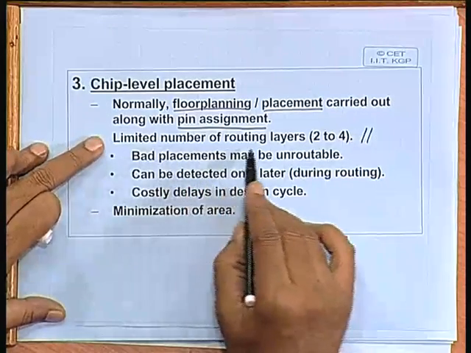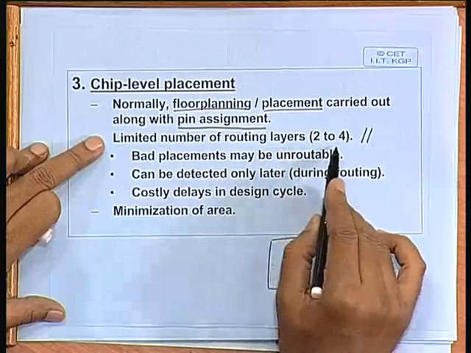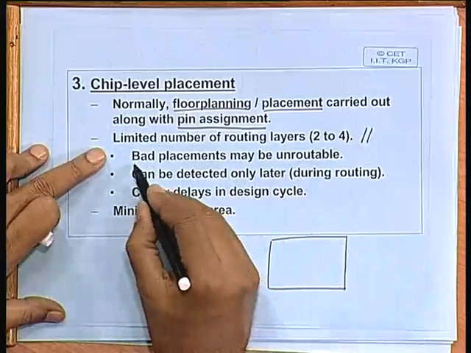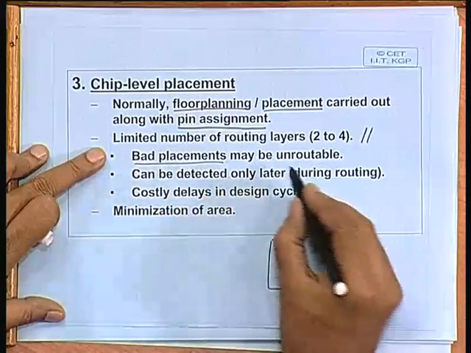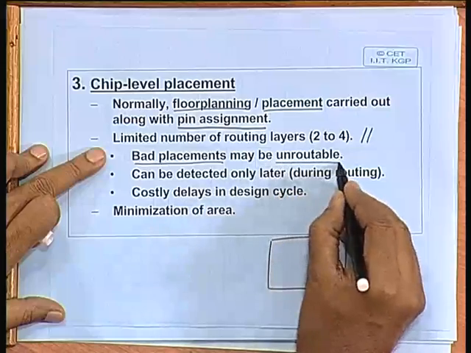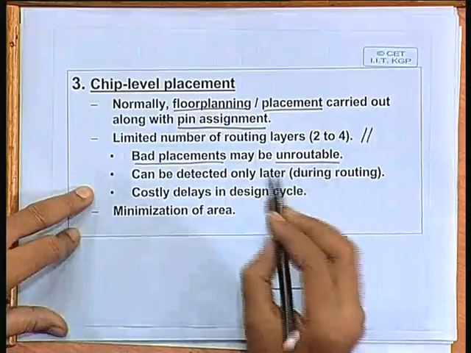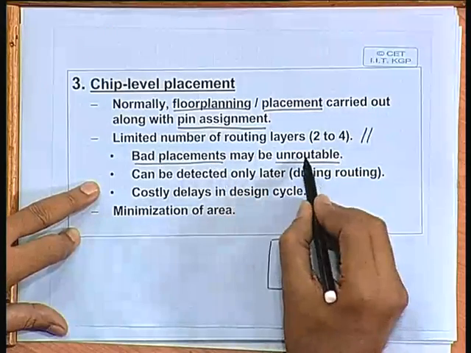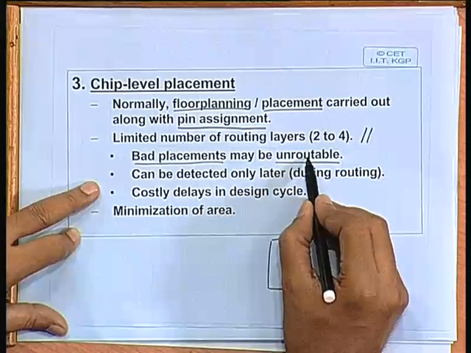And since the number of layers are limited for routing, if your placement is bad, you may have a design where you cannot complete the routing. You will say somewhere there is a conflict, you cannot find a route for the last few nets. But the problem is that the placement is unroutable.